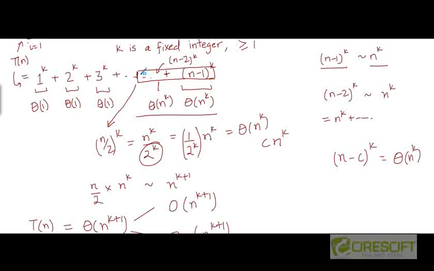So if we were to just focus on the right half of the series, we would get a complexity proportional to n to the power k times n by 2, because there are approximately n by 2 terms in the right half. So the whole series can be expected to have a complexity of at least n to the power k plus 1.